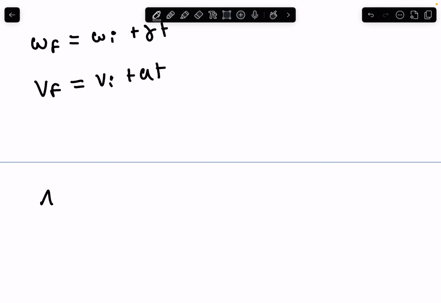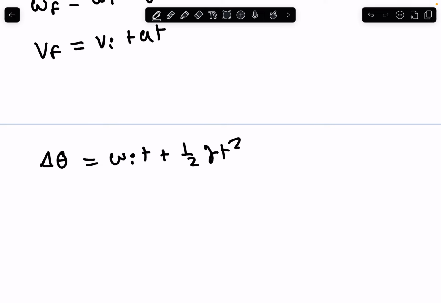So delta theta equals the initial angular velocity multiplied by time plus half alpha t squared. This is the equivalent to the equation s equals ut plus half at squared.